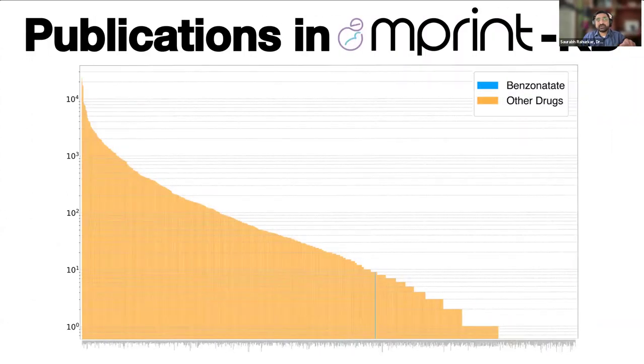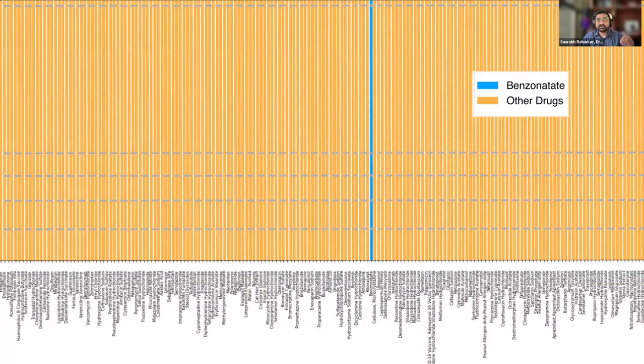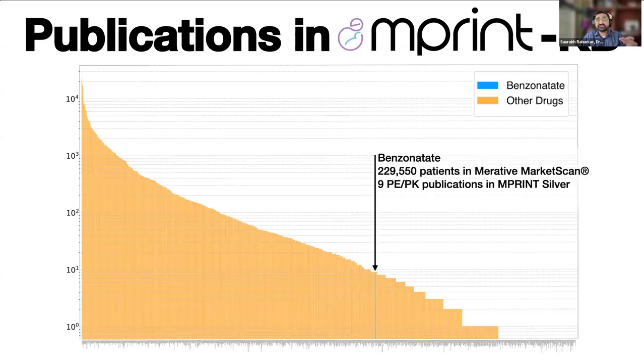So what we're looking at right now is just a distribution of studies by each drug. And I get it, the x-axis is tiny. I don't expect you all to really read the drug names, but that's where benzonatate shows up. That blue line is the number of studies that exist for benzonatate compared to other drugs, which are all orange. And each line here has the number of publications.